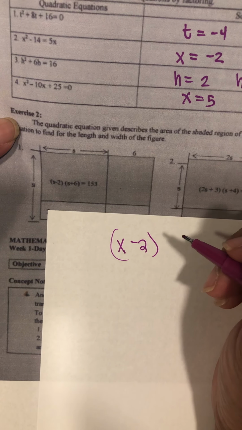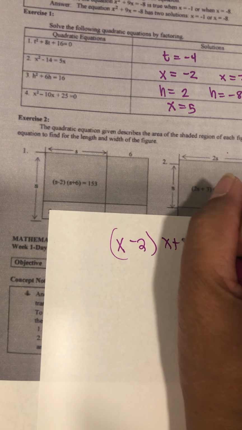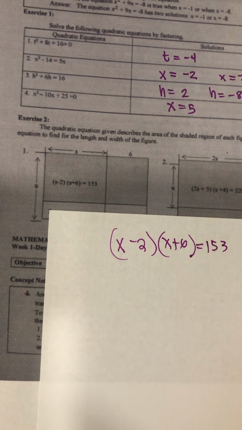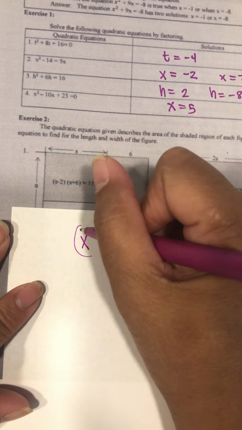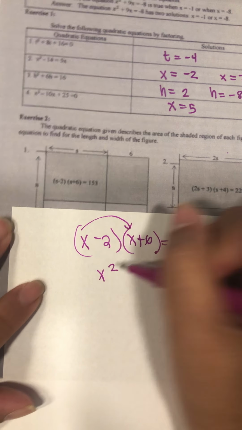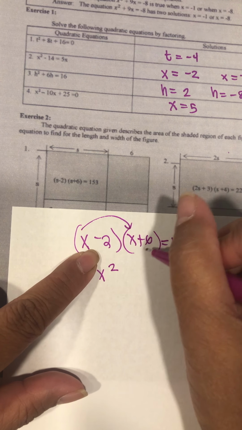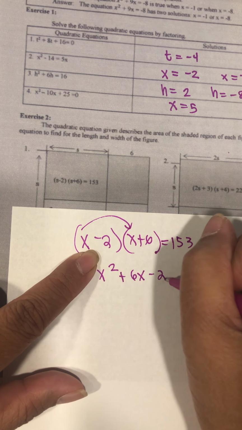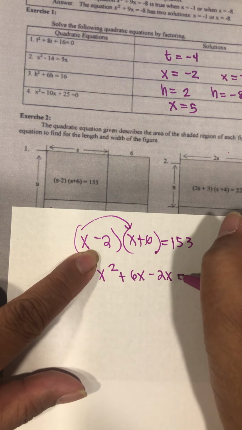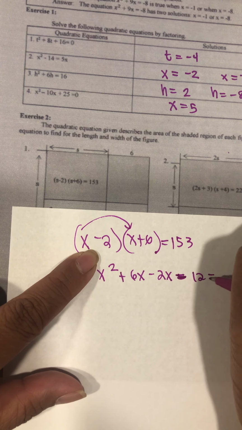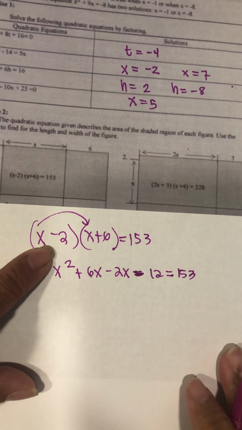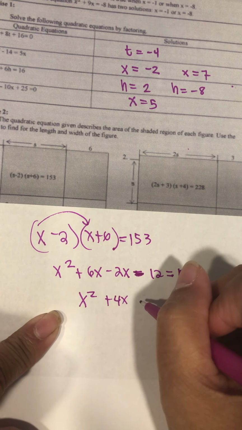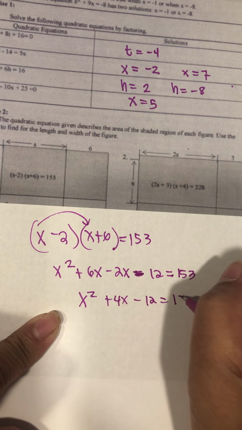Gosh, I can't see. X plus 6 is equal to 153. All right, so what we do is multiply this first. X squared plus 6x minus 2x is equal, minus 12 equals 153. All right, so x squared plus 4x minus 12 equals 153.